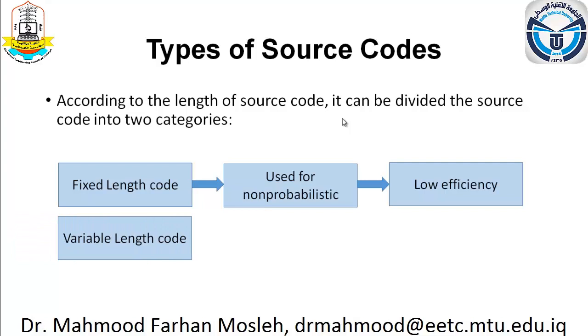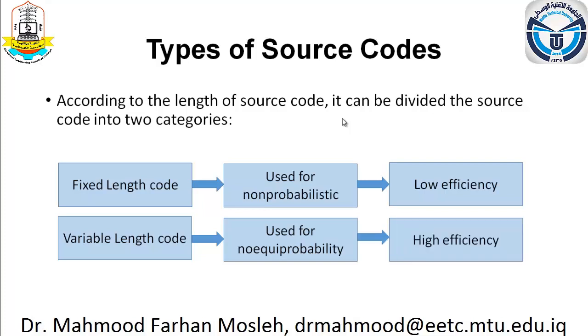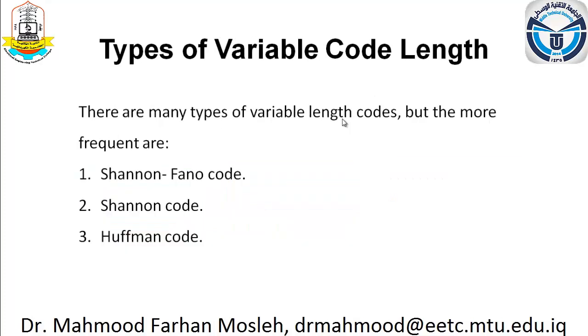The second type is variable length code, which is used for non-equal probability, and so it is high efficiency because it removes the redundancy effectively. There are many types of variable length code: Shannon Fano code, Shannon code and Huffman. In this lecture, we talk about Shannon Fano code.